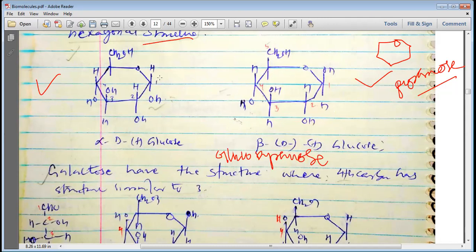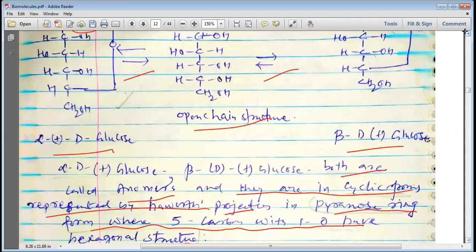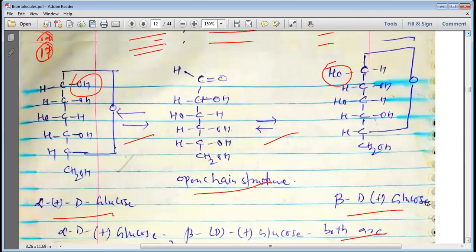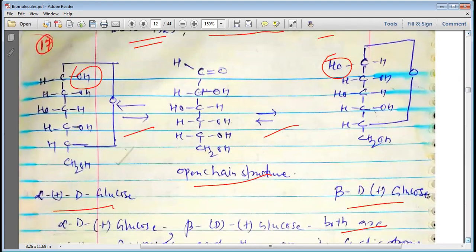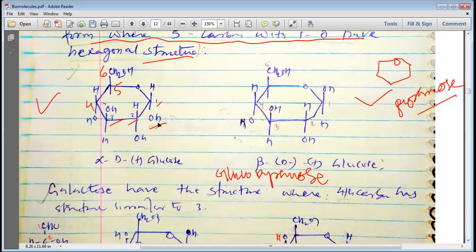You can see that this is carbon number 1, carbon number 2, carbon number 3, carbon number 4, carbon number 5, and this is carbon number 6. Now you can easily understand, my dear students, that on the first carbon the OH is present on the right hand side, which is the lower side.